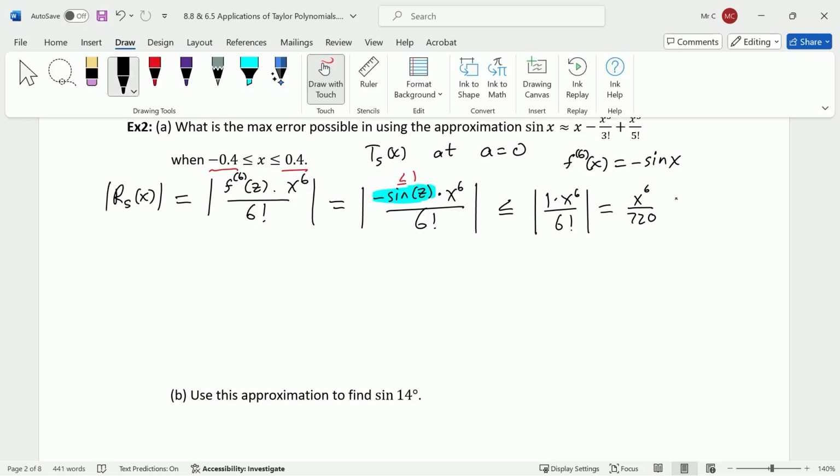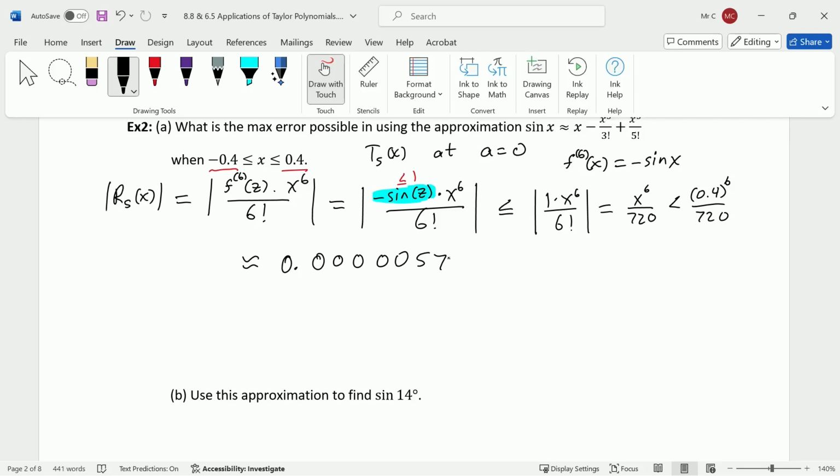So it doesn't matter which one I pick, but for ease, I'll just pick 0.4 to the 6th. And when I plug that into a calculator, I get approximately 0.000057. So that's a pretty good approximation on that interval, I would say.